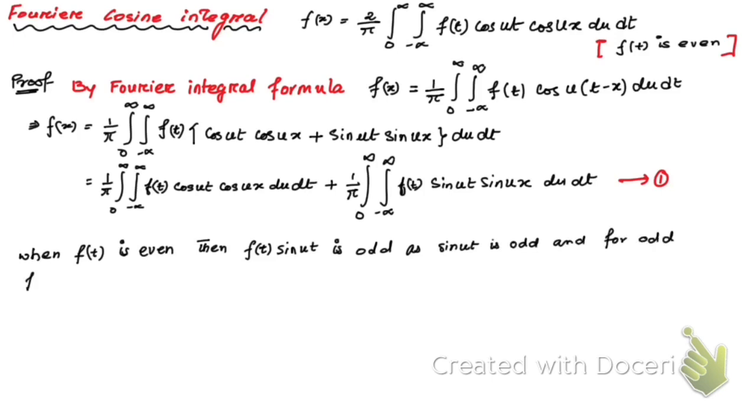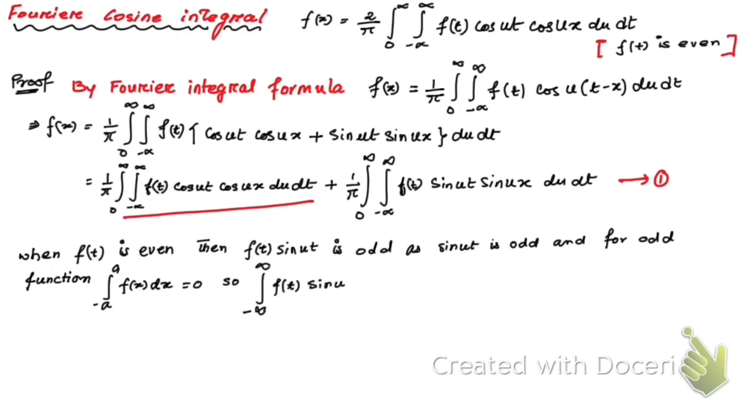And for an odd function, suppose we have an odd function f of x, then the integration from minus a to plus a of f of x dx is going to be equal to 0. So if that is the case, then this whole part is going to be equal to 0, because you see the integration from minus infinity to plus infinity of f of t sine ut dt, that part is going to be equal to 0.